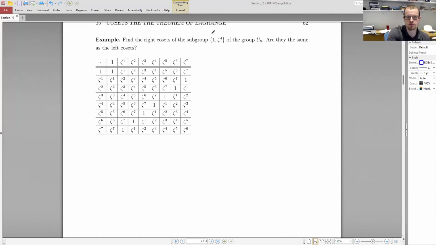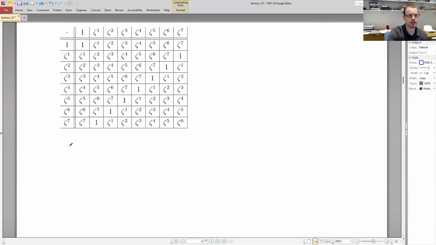So letting H be this group, I want to compute my right cosets. So H times 1, H1, is multiplying on the right by 1. So I have 1 times 1, this is the number on the right, and zeta to the 4th times 1.